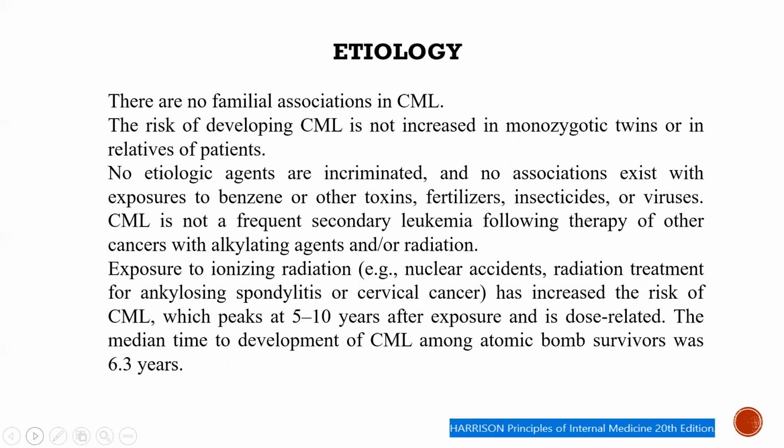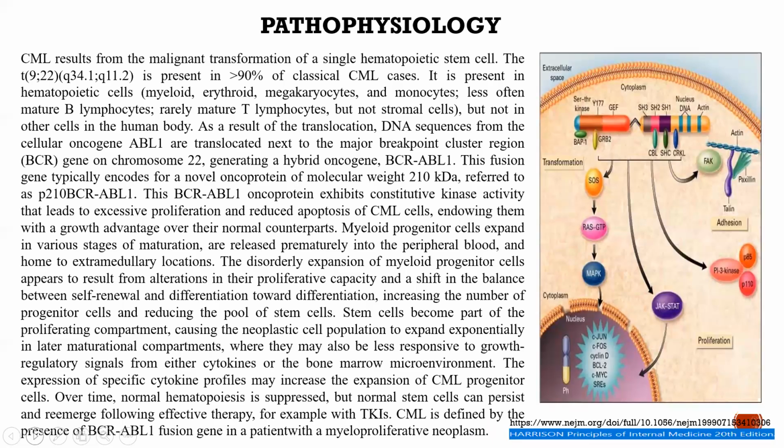Chronic myelogenous leukemia is not a frequent secondary leukemia following therapy of other cancers with alkylating agents or radiation. Exposure to ionizing radiation has increased the risk of this type of leukemia, which peaks at 5 to 10 years after exposure and is dose related. The median time of development among atomic bomb survivors was 6.3 years.